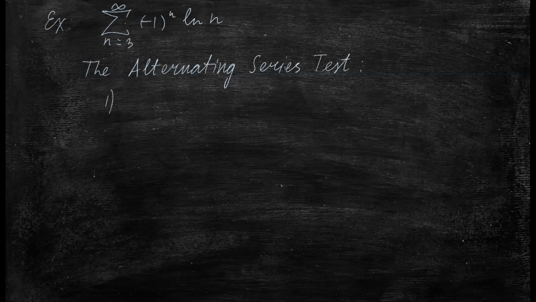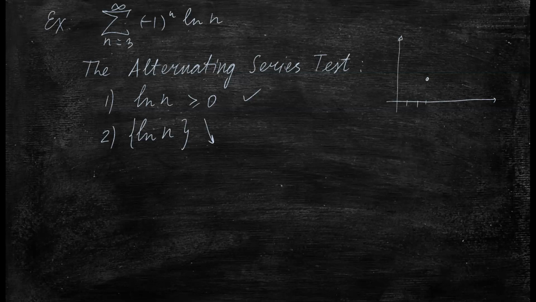And first, we're going to verify that this is always non-negative, which it is. Then we're going to verify that this is decreasing, and this is when we're going to run into a problem. If you actually graph ln of n, starting at n equals 3, you're going to see that it gets bigger and bigger, or larger and larger, and this is where we fail.